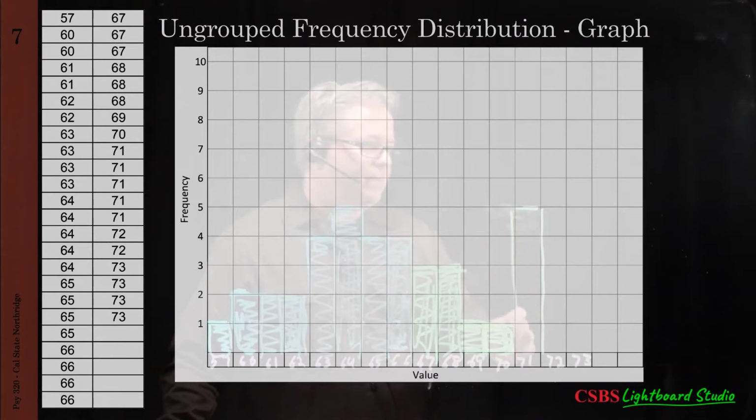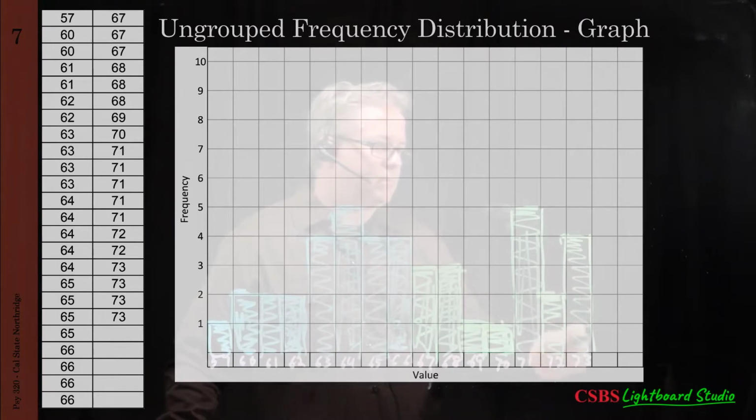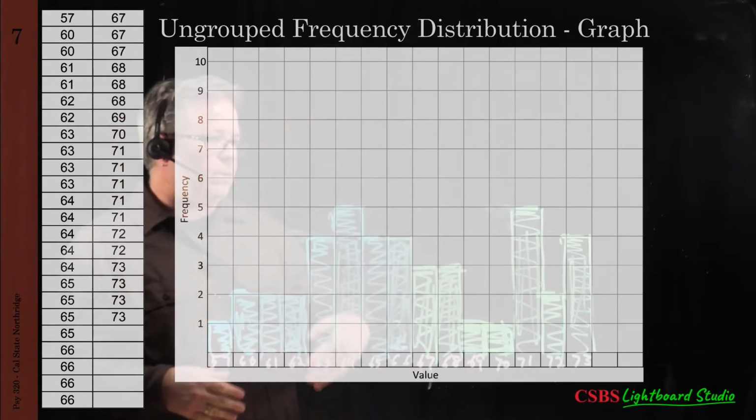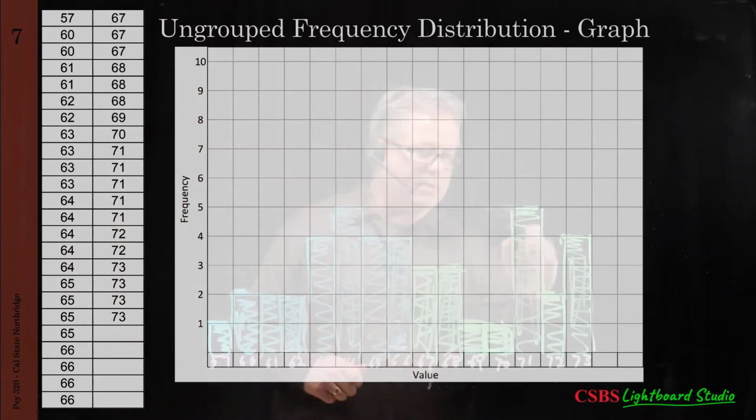Alright, so there's our 70. 72, there are 2. 73, there are 4. All right. So normally I would have done that all in the same color. I only switched because the marker seemed like it was dying.